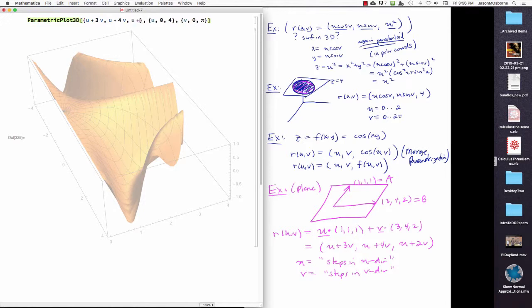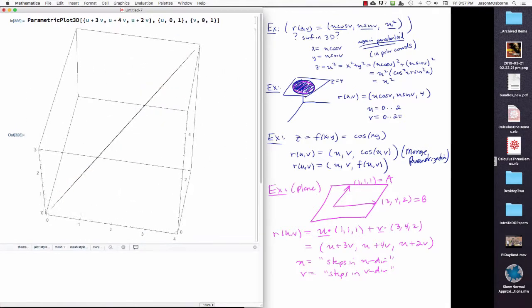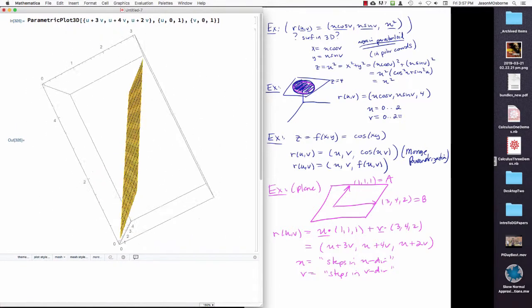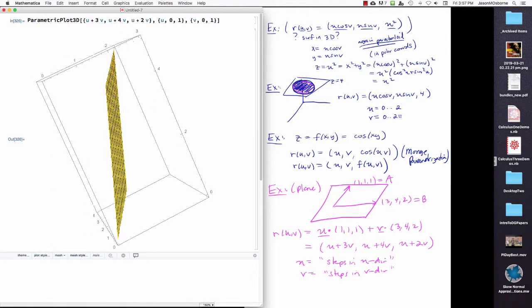We'll do u plus, what was it, 2v? And let's say you want to take one step in the vector direction a and one step in the vector direction b. And here is the plane that's created. Okay. So one edge of it is the vector a, and one of the other edges is the vector b, and we've taken one step in the one direction and one step in the other and filled everything else in between.